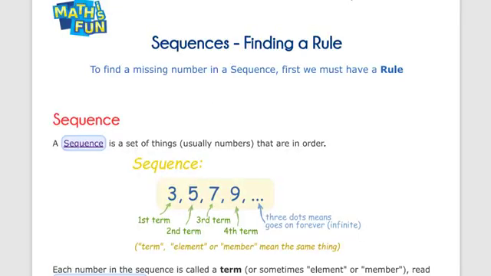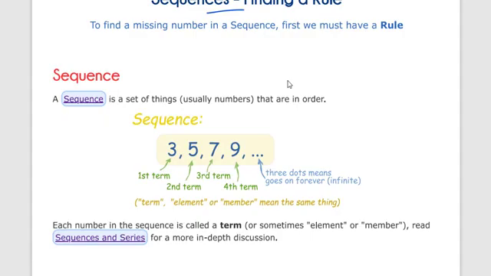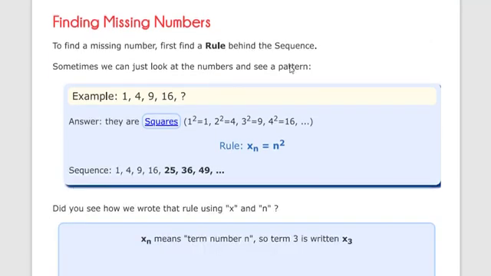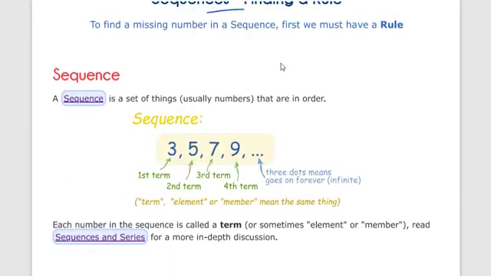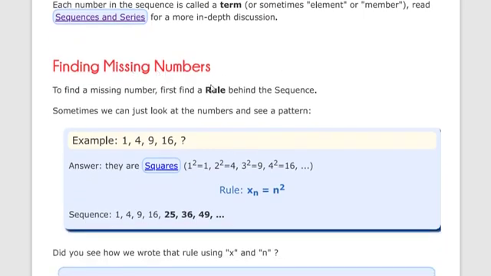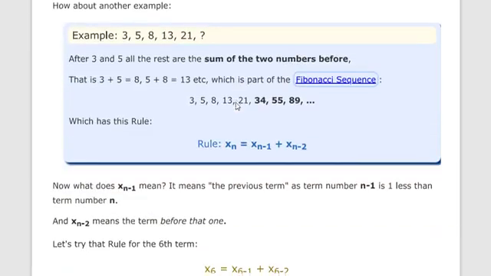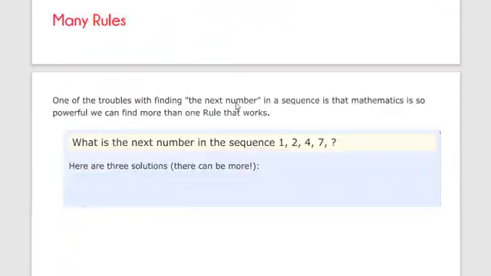Now in the last lecture we discussed sequences and finding a rule. You already have to remember it because we studied it in the last lecture. Okay, let's start with some basics: how to find the rule of any sequence.